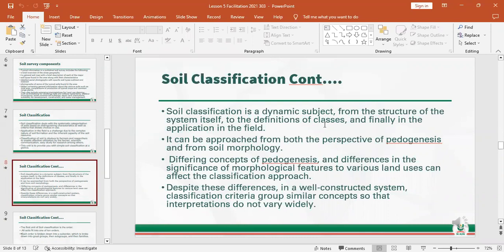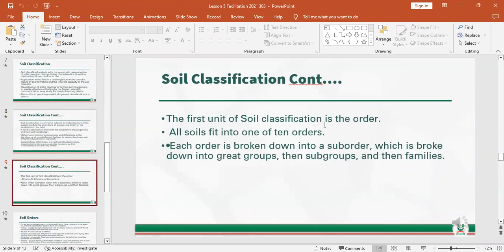Different concepts of pedogenesis, differences in the significance of morphological features, and various land uses can affect the classification approach. Despite these differences, in a well-constructed system, classification criteria group similar concepts so that interpretations do not vary widely.